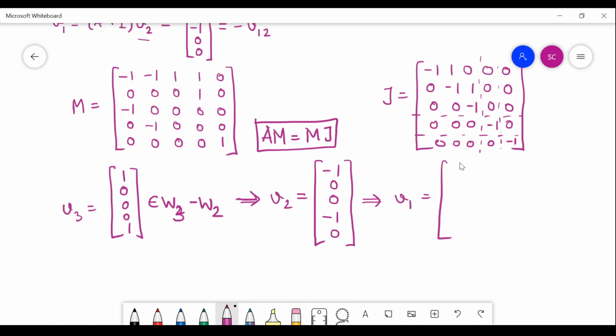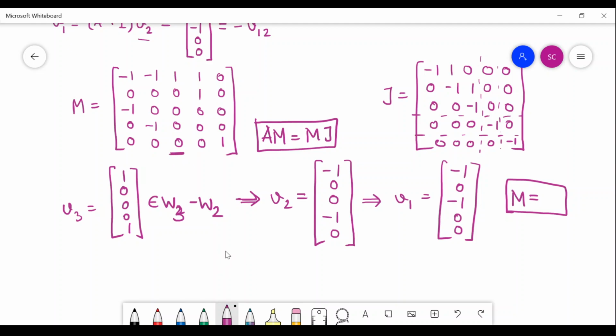So it depends on the choice that we make on what we will get as the modal matrix. So what will change here is M. M is going to change. This column is going to be affected, so this entry is going to be affected.